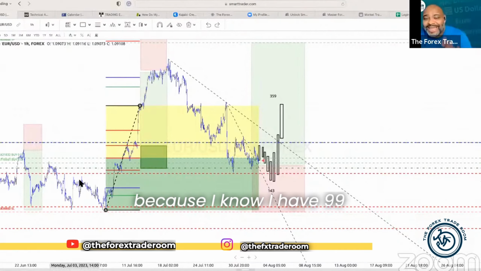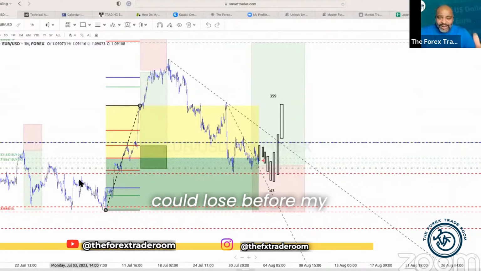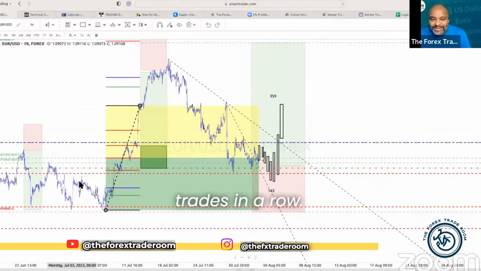Because I know I have 99 other trades that I could lose before my account is blown. And if I follow my rules, and my rules have an edge, then I won't lose 99 trades in a row, right?